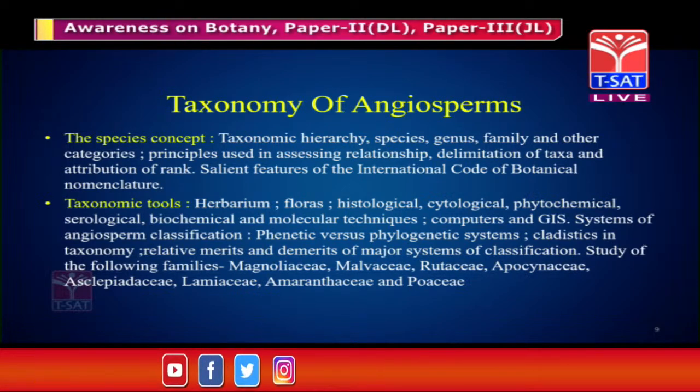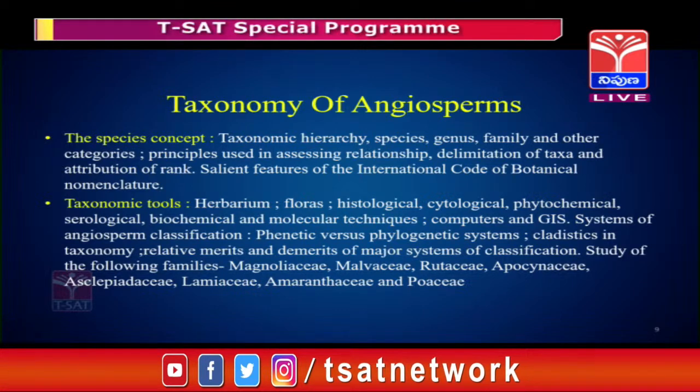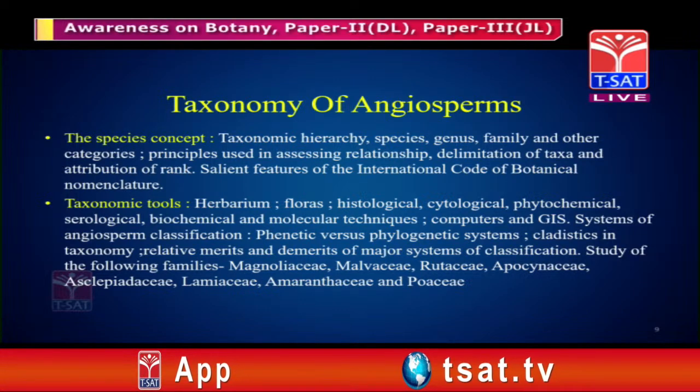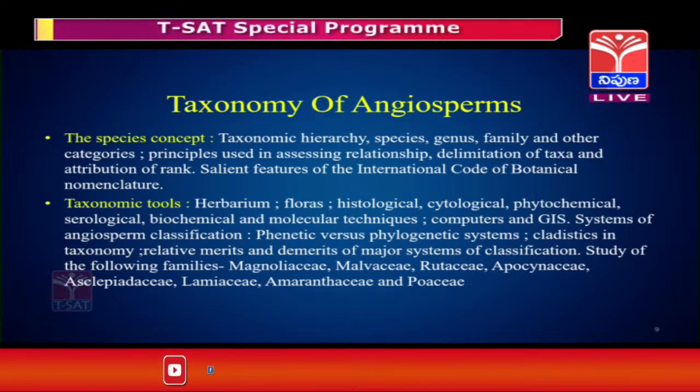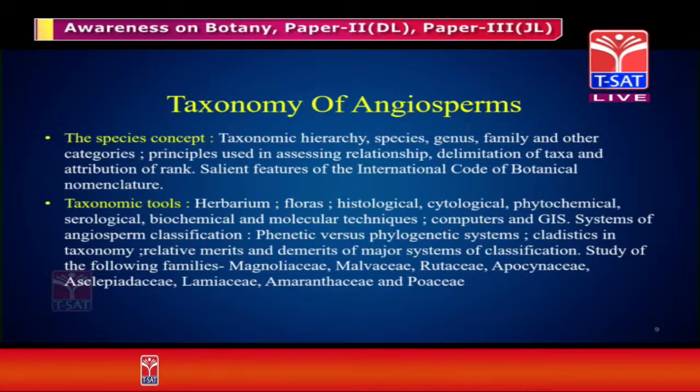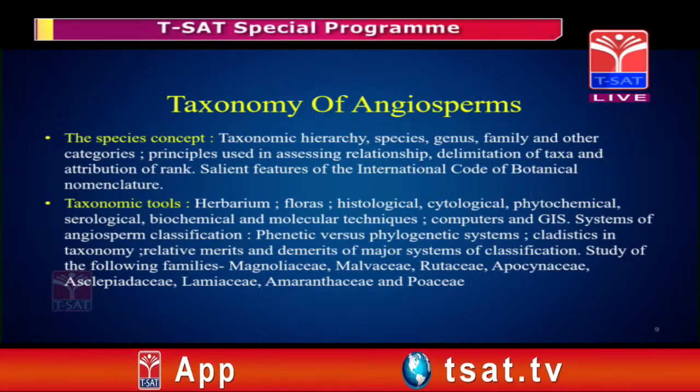Then what are the merits and demerits of various classifications, like artificial classification, natural classification, and the recent phylogenetic classifications where cladistics are there. So you have to understand the merits and demerits of these classifications. Why are we following a certain type of classification, what are the advantages or merits of that particular classification. And then you have families here.